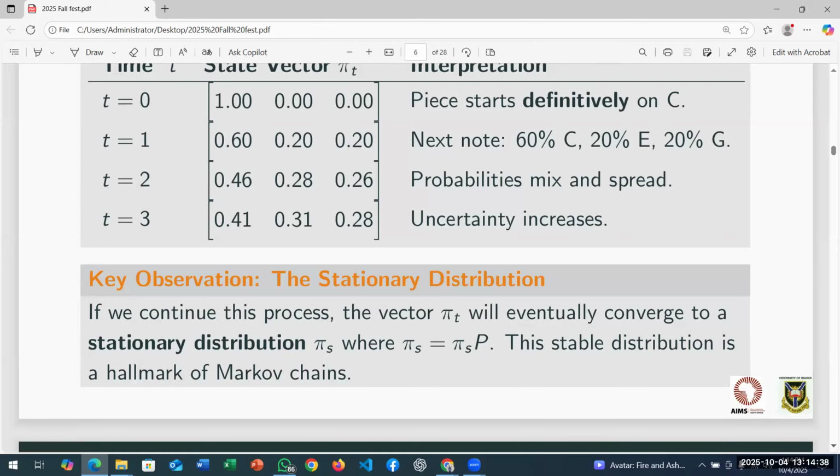If this process continues, we continue, t equals 0, 1, 2, and so on and so forth, there will be a particular time that this vector will converge. That's why we call it the stationary distribution. So this is like the important theory of Markov chain.